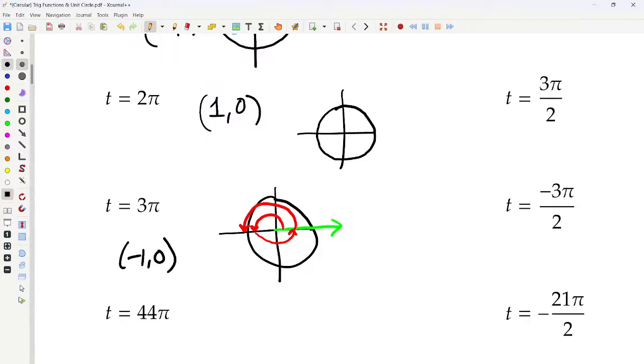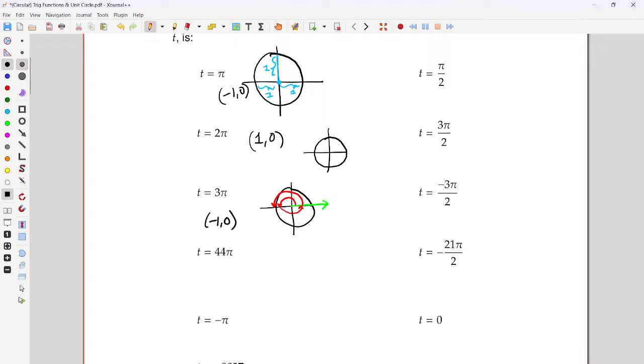Vocab word of the night, one of many. 3 pi and 1 pi are coterminal. They start and end in the same position, and they're also odd numbers. 44 pi, spoiler alert, even pi.